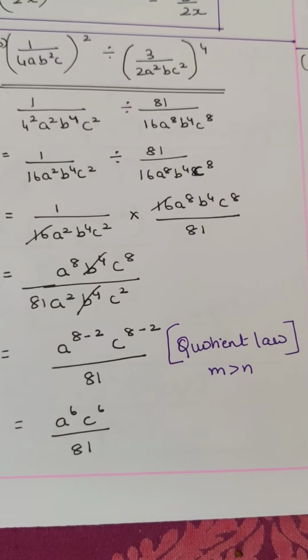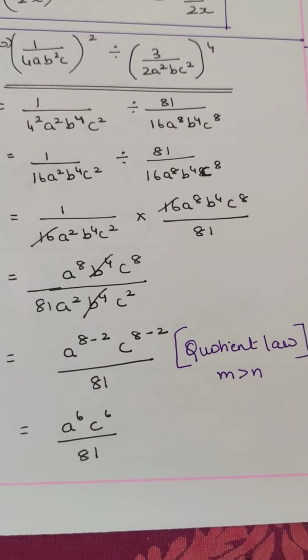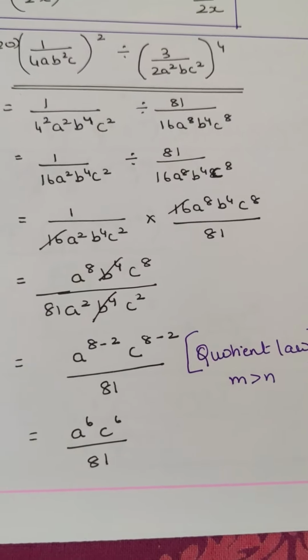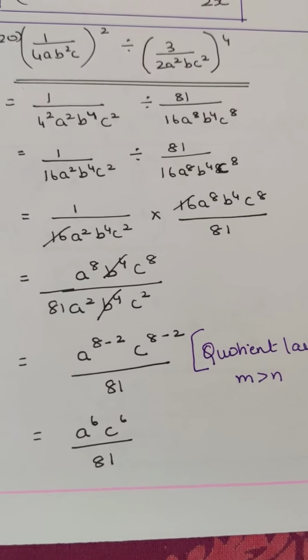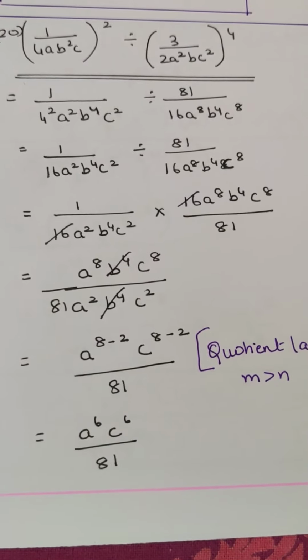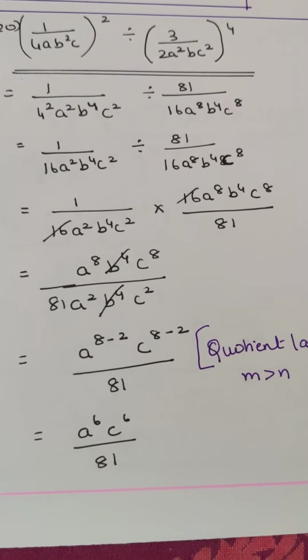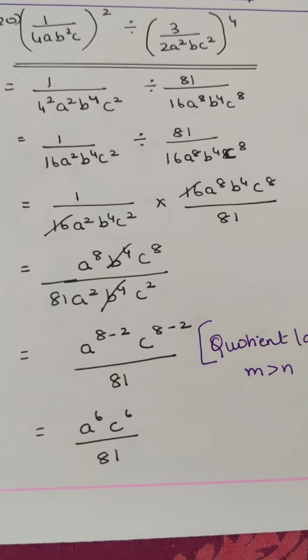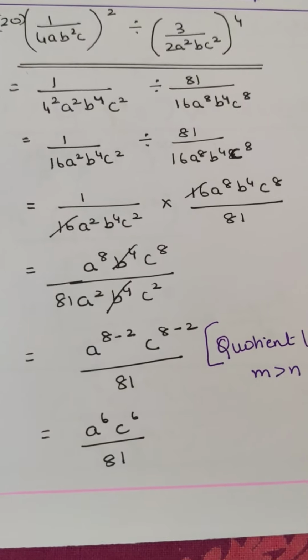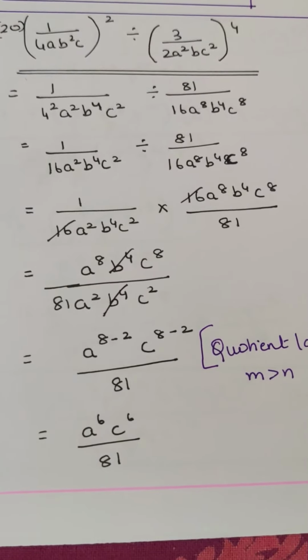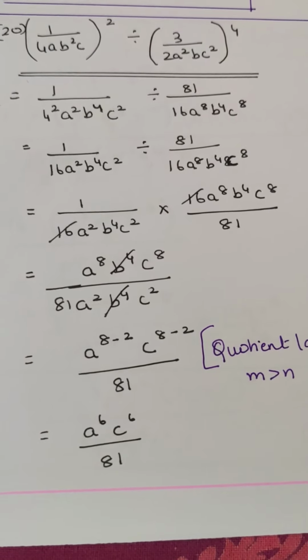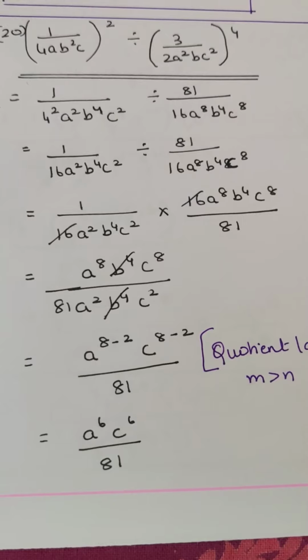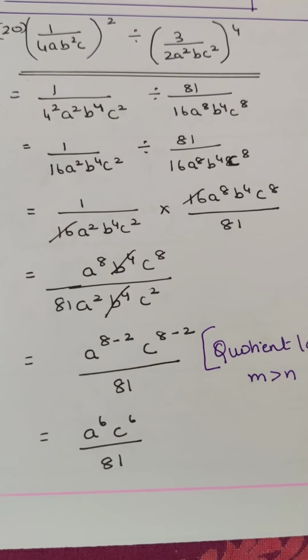Here m is greater than n, so a to the power of 8 minus 2 into c to the power of 8 minus 2 by 81, that is equal to a to the power of 6 c to the power of 6 by 81. So the final answer is a to the power of 6 c to the power of 6 divided by 81. Just pausing for a few seconds so that you understand what I have done.